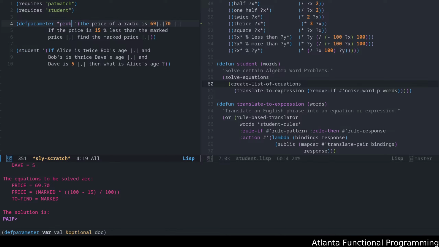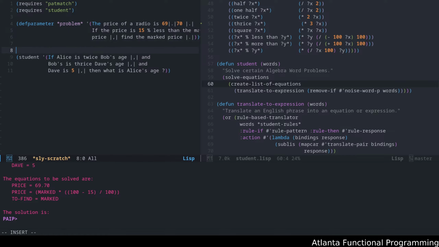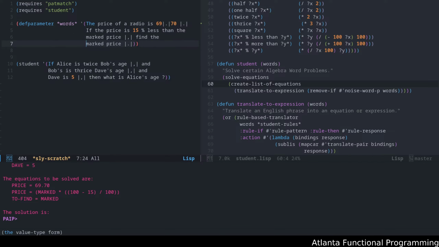This is our problem, okay? Now, we don't need that big of a name for it. Let's do words, okay. And just so that everything fits into the nice buffer on my left-hand side, let's do some quick readjustments here. There. Okay, so we have our word problem.